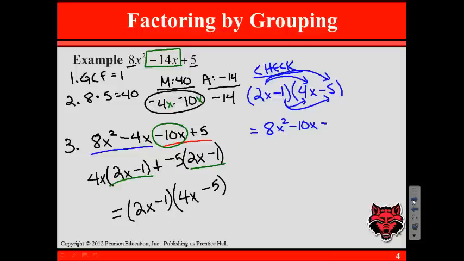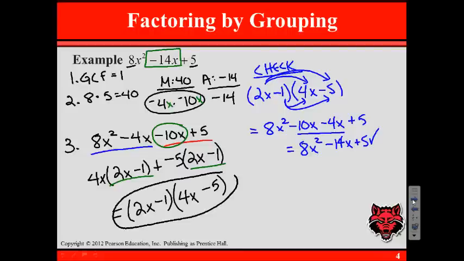Negative 1 times 4x is minus 4x. Negative 1 times negative 5 is a positive 5. We combine like terms, and we find that we have 8x squared minus 14x plus 5, exactly where we started. So we know the two factors we found are correct.